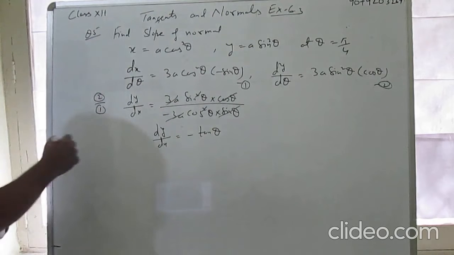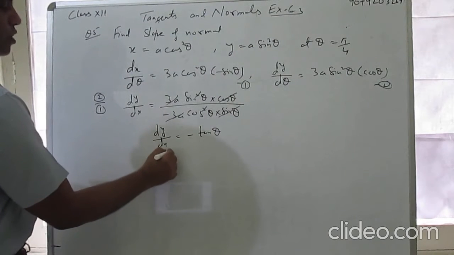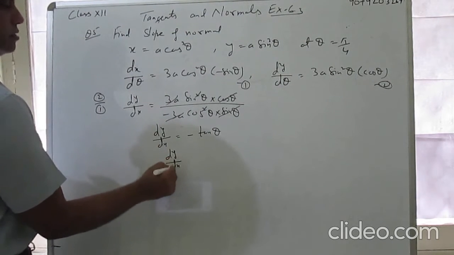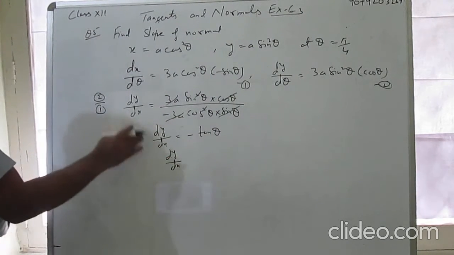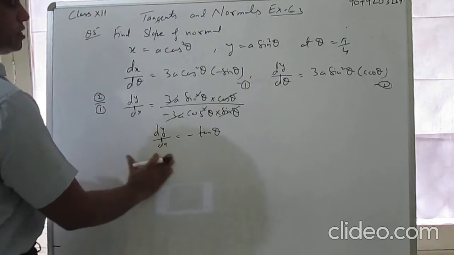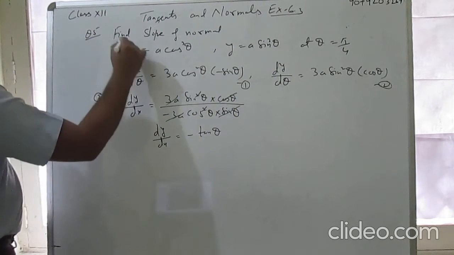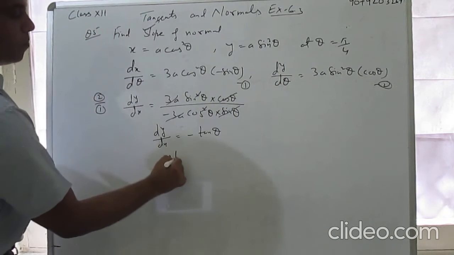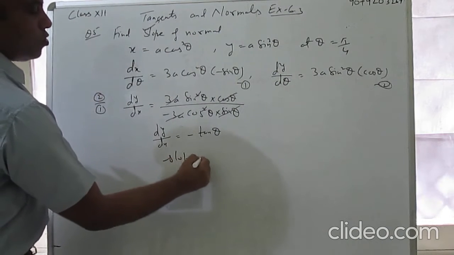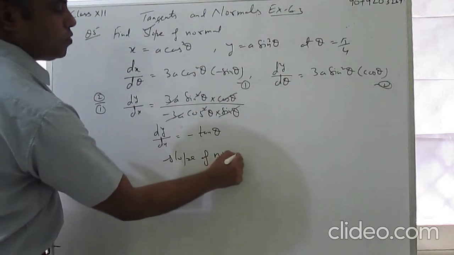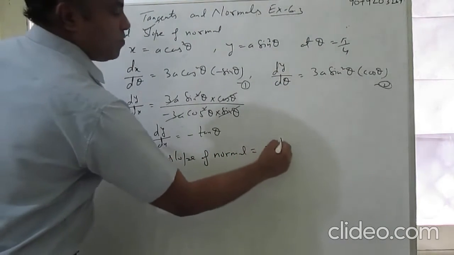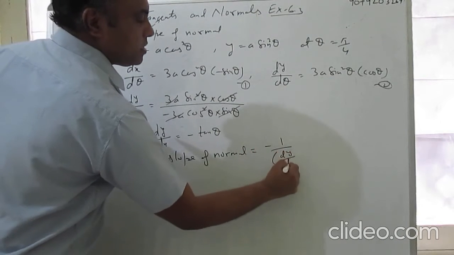And theta is given to you. So dy by dx is the slope of tangent. We have to find slope of normal. So slope of normal is equal to minus 1 upon dy by dx.